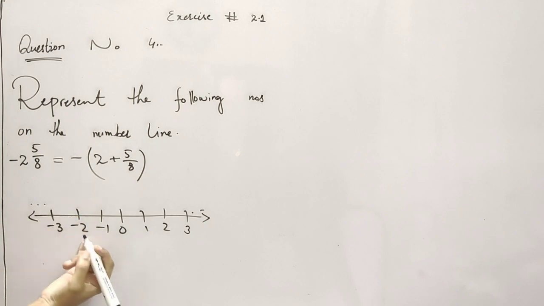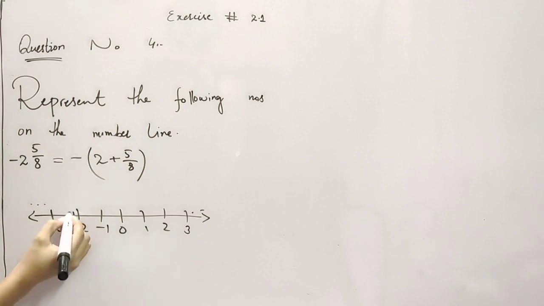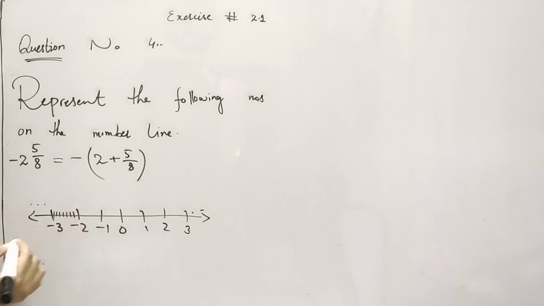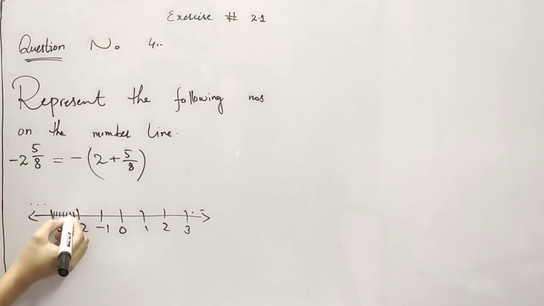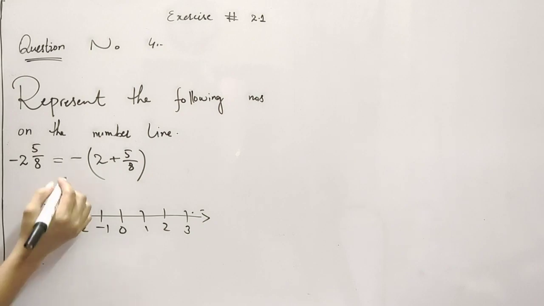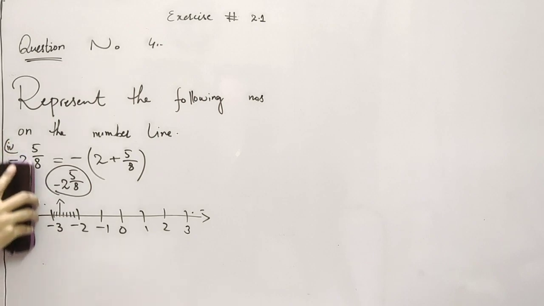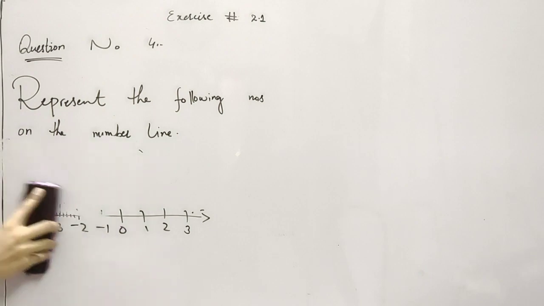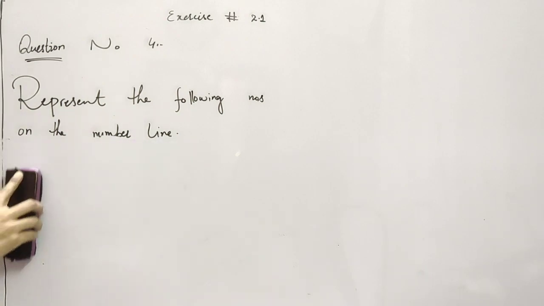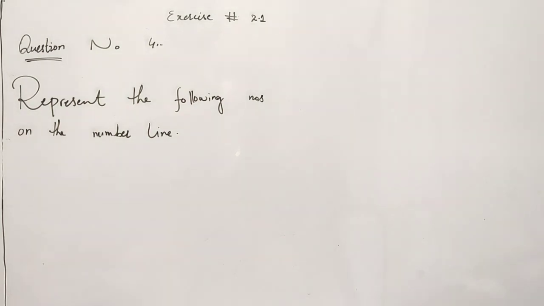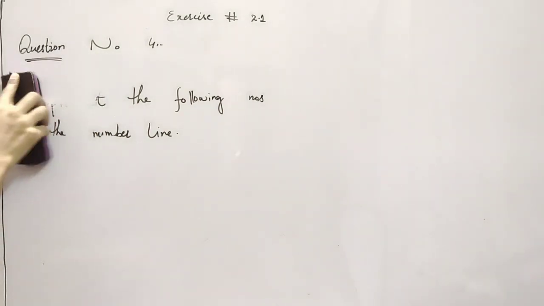Divide the line between minus 2 and minus 3 into 8 equal parts, and take only 5 parts. So this is the representation of minus 2 whole 5 by 8 on the number line. This was the fourth part of question number 4. Question number 4 is solved.